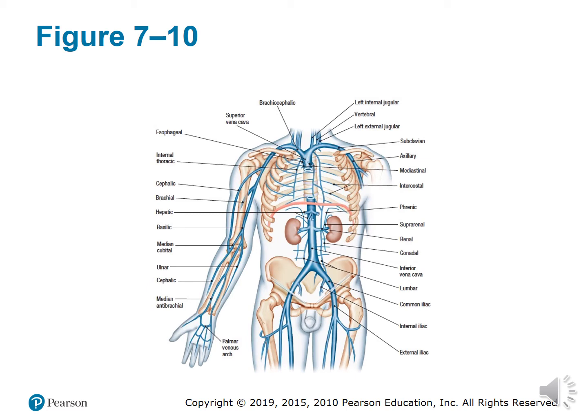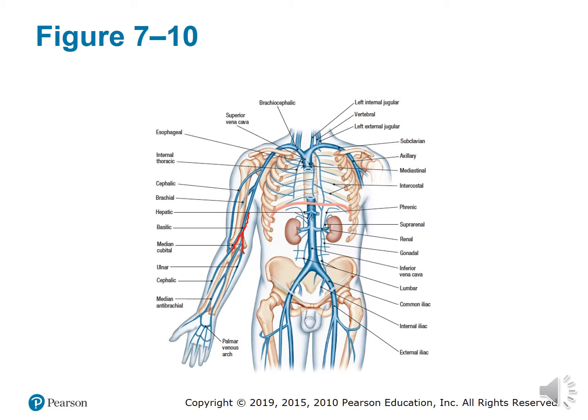All right, it's how the veins flow in the upper torso. This is what I was saying. When you see the basilic vein here, it's always going to branch out just like this.